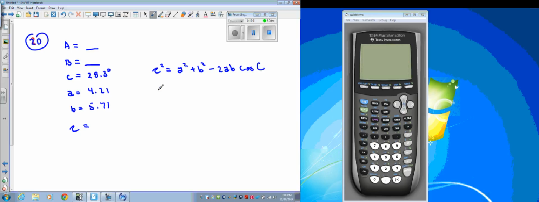And then you substitute in. What I usually do is I say, all right, I'm going to use the positive square root and put my numbers in. So C is going to be 4.21 squared plus 5.71 squared minus 2 times 4.21 times 5.71 times cosine 28.3 degrees.